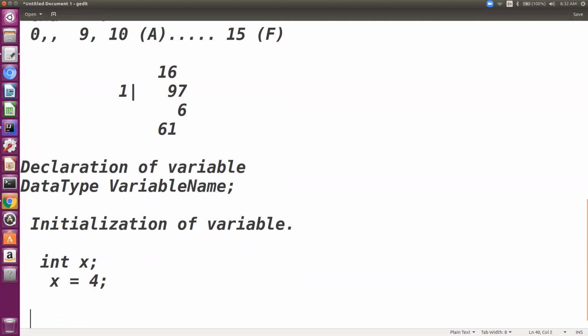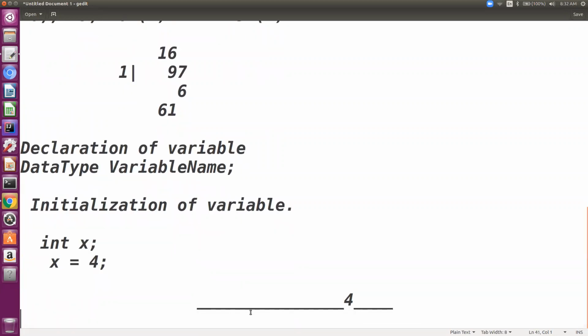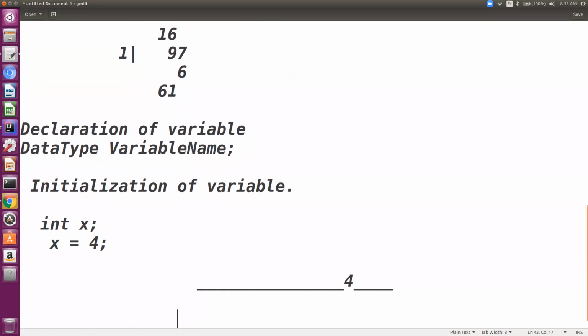In reality, it will result in the computer's memory occupying 4 bytes, since it's an int, of which 4 will be stored in that memory, and this location will be stored in the variable x. Mentally, you have to picture it like this: x variable has this location which contains value 4.